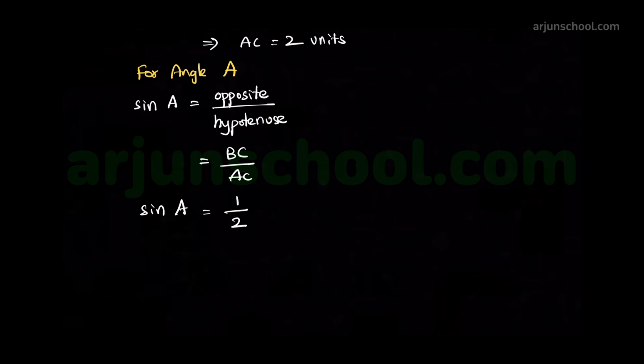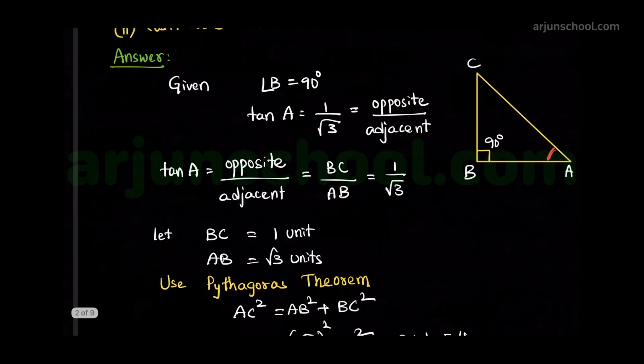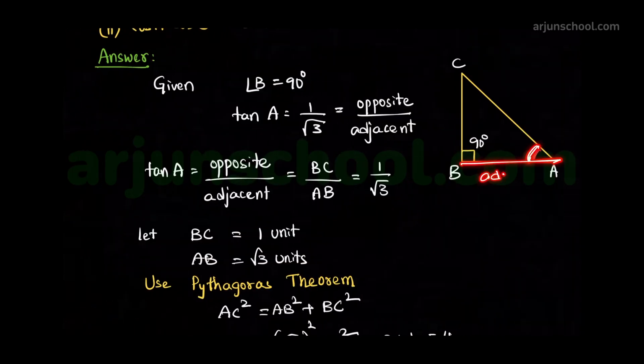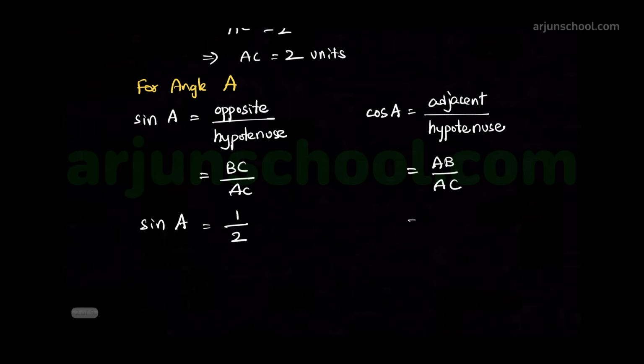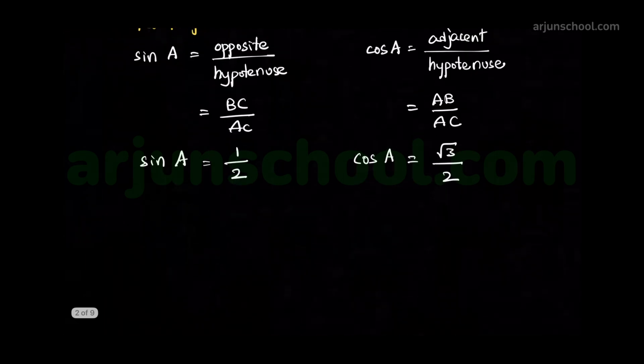Therefore, sin A is equal to 1 by 2. Cos A is equal to adjacent side by hypotenuse. Adjacent side is root 3 units and hypotenuse AC is 2 units. Therefore, cos A is equal to root over 3 by 2.